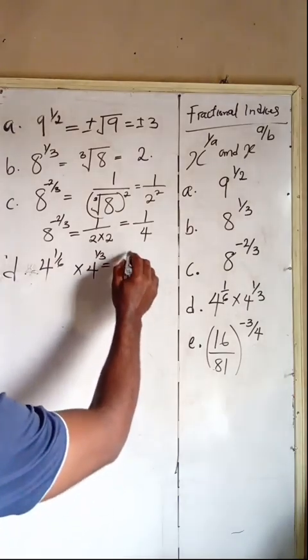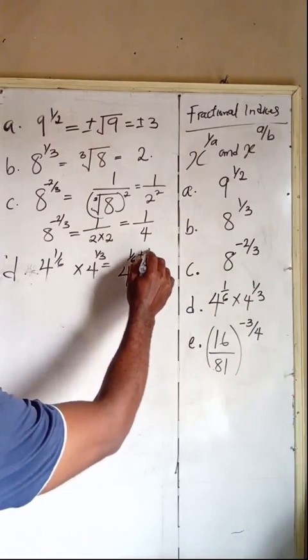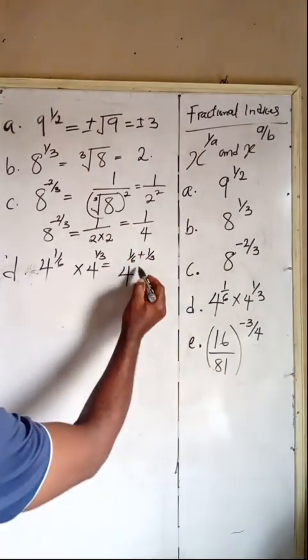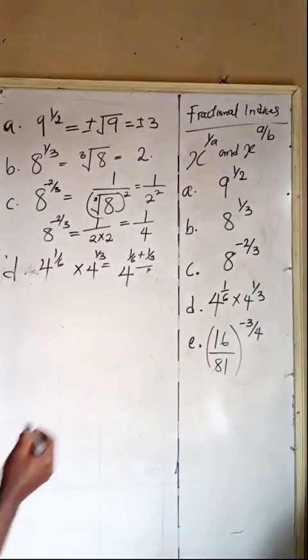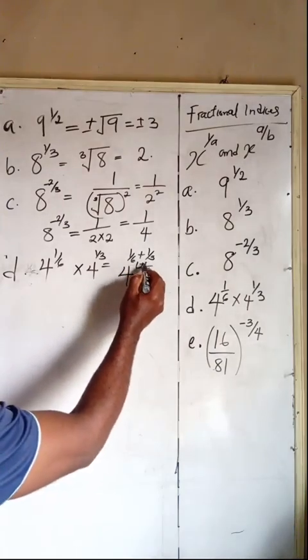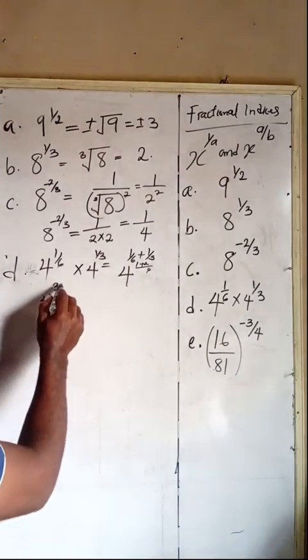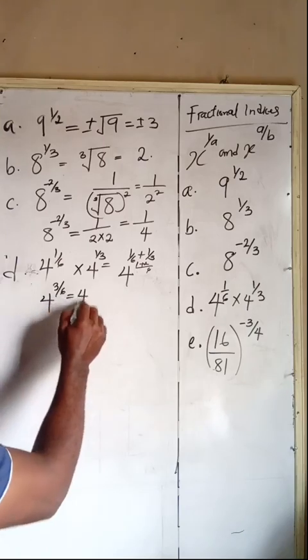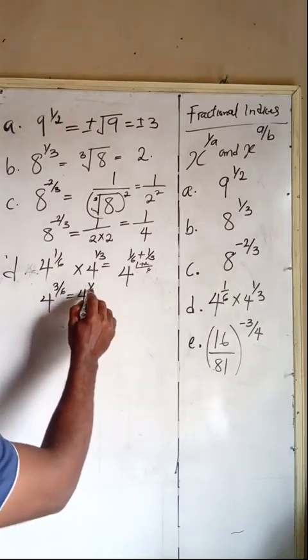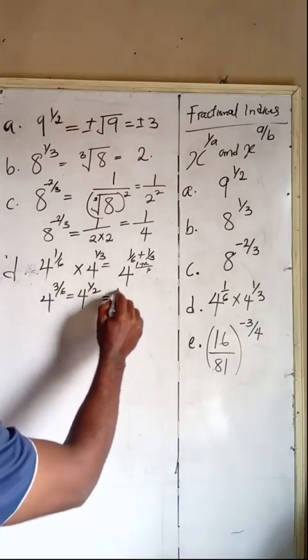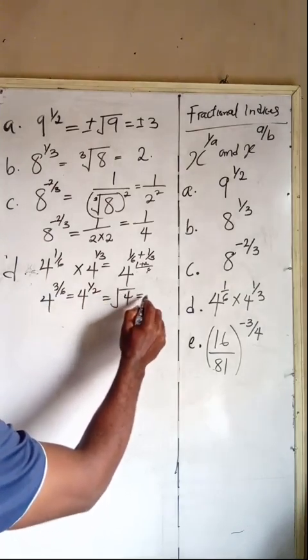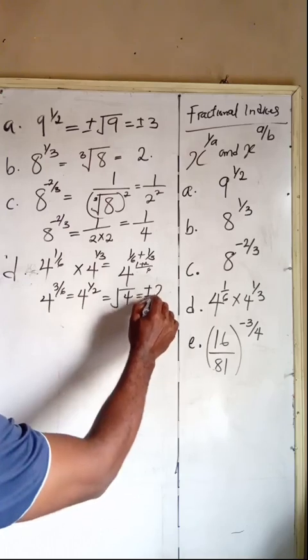We have 4 raised to power 1 over 6 plus 1 over 3. We can find the LCM here to be 6, which gives 1 plus 2. So it will give you 4 raised to power 3 over 6, which is 4 raised to power 1 over 2, the square root of 4. So the answer here is plus or minus 2.